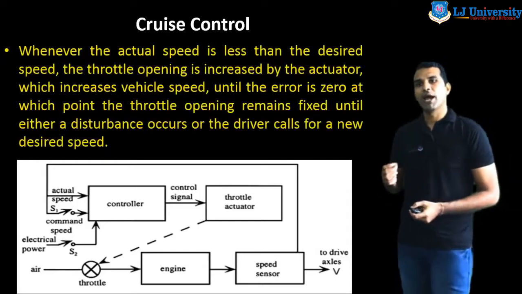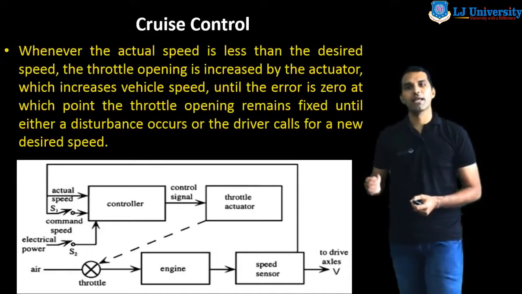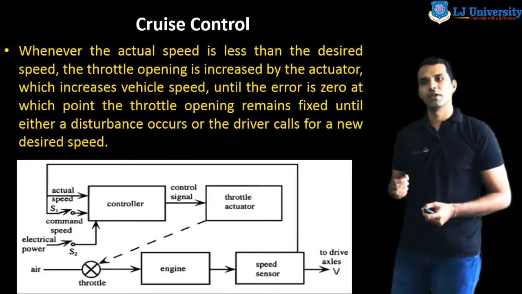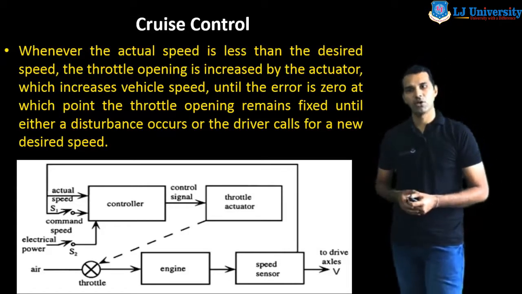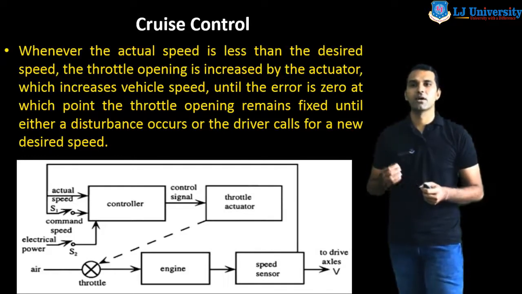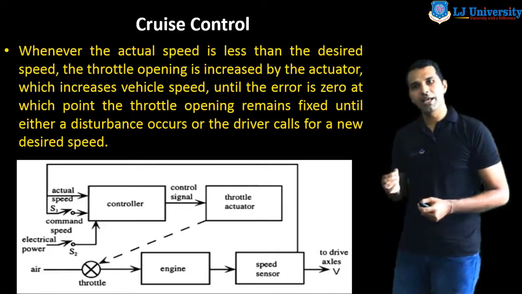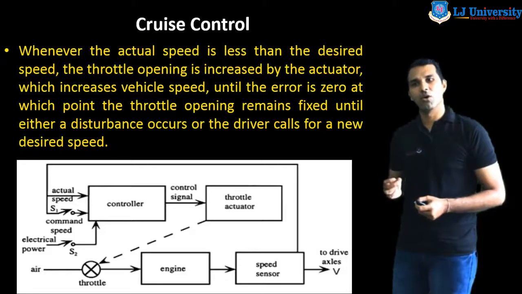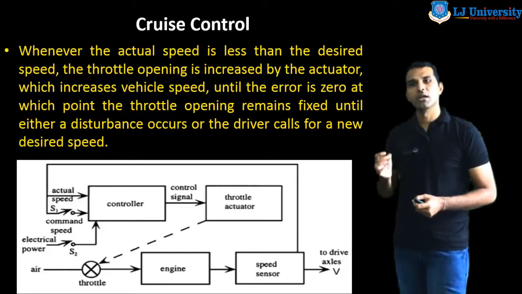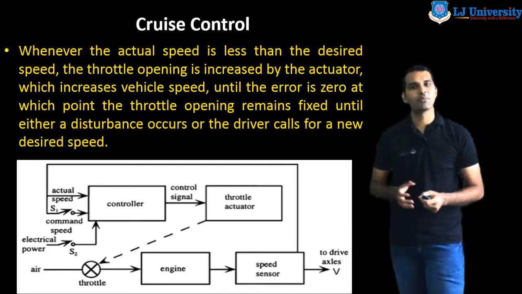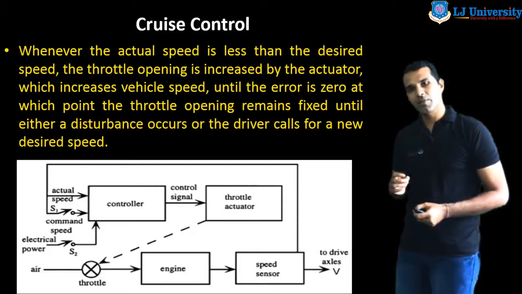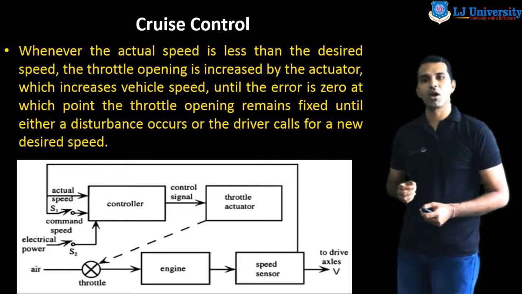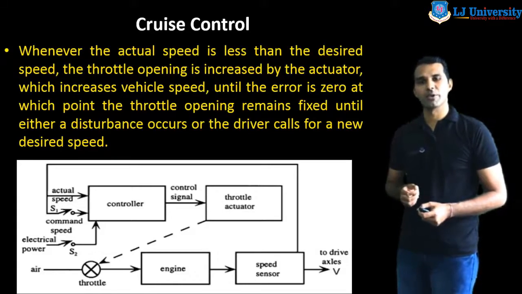Now, whenever the actual speed is less than the desired speed, the throttle opening is increased by the actuator, which increases the vehicle speed until the error is 0, at which point the throttle opening remains fixed until either a disturbance occurs or the driver calls for a new desired speed.